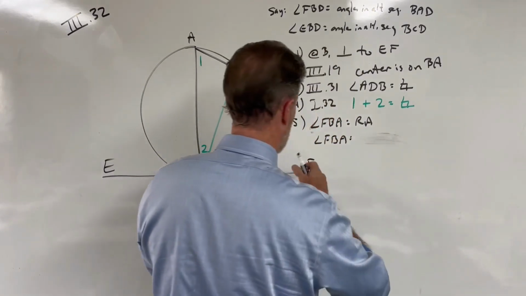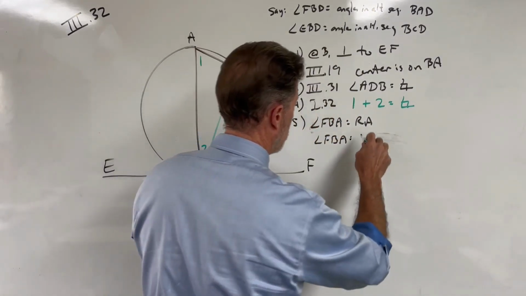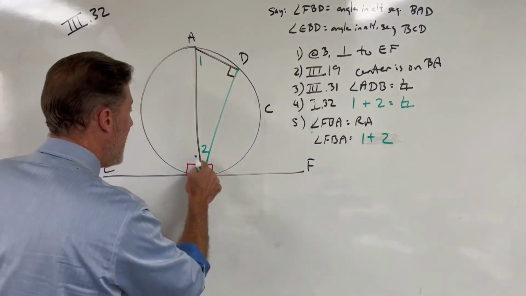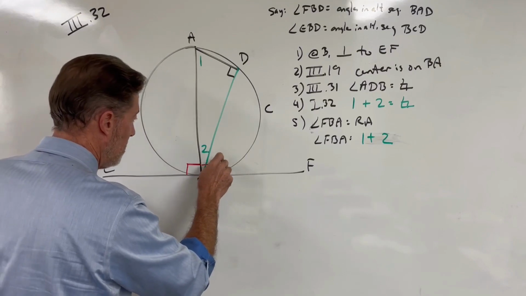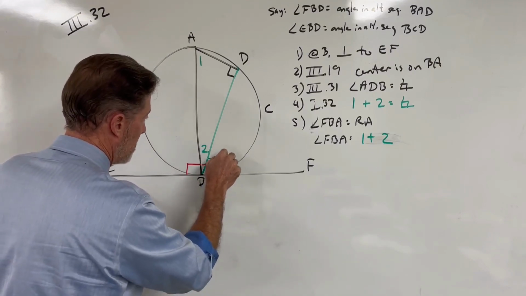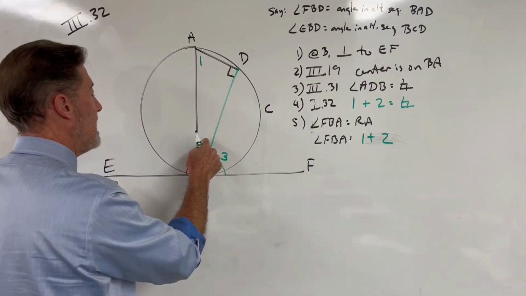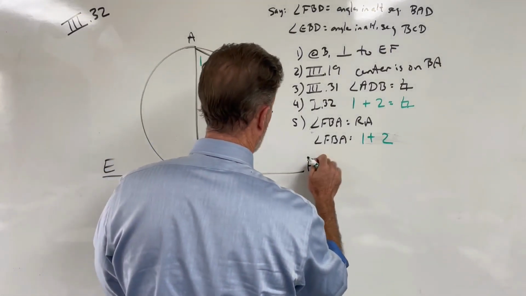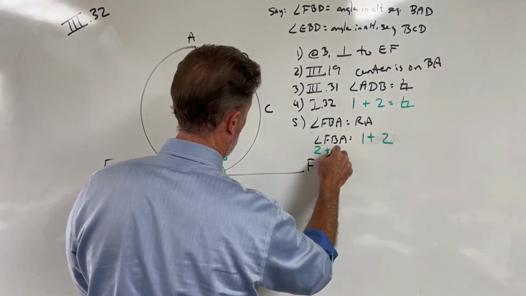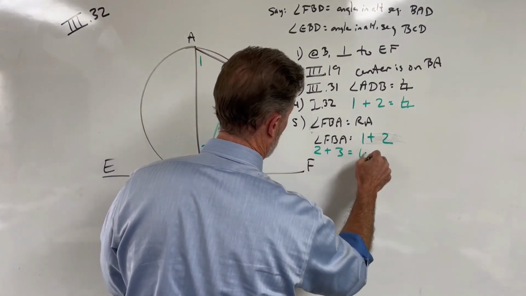I'll put those in green just to be consistent here. But notice FBA includes this angle, which I'll call angle 3, and angle 2. So we can replace FBA: angle 2 plus angle 3 equals angle 1 plus angle 2.